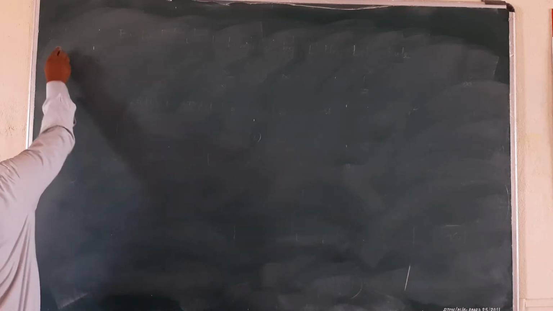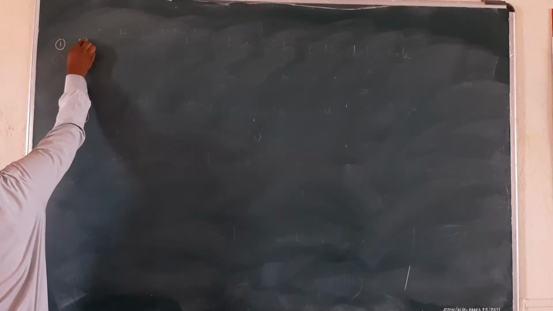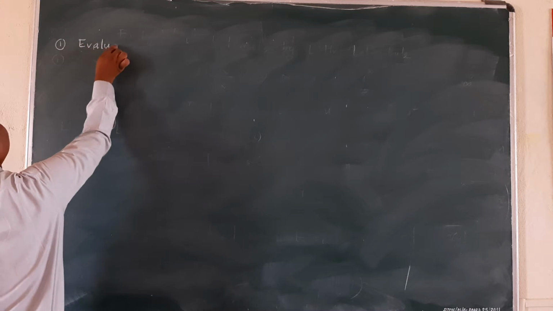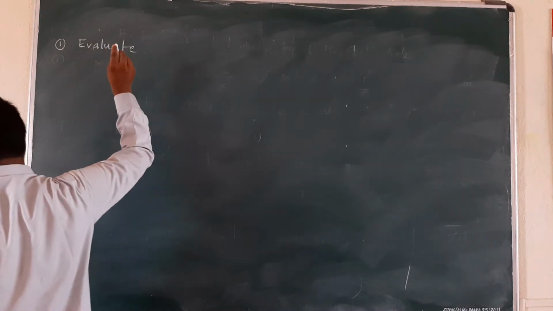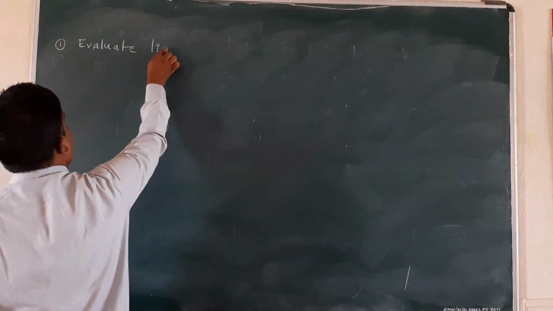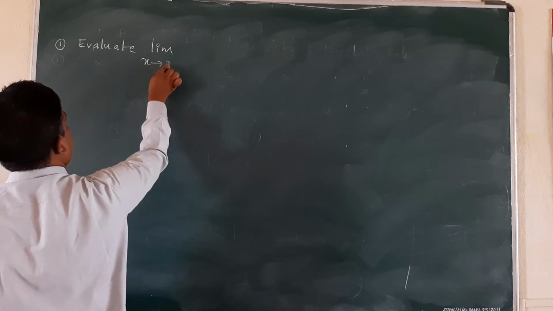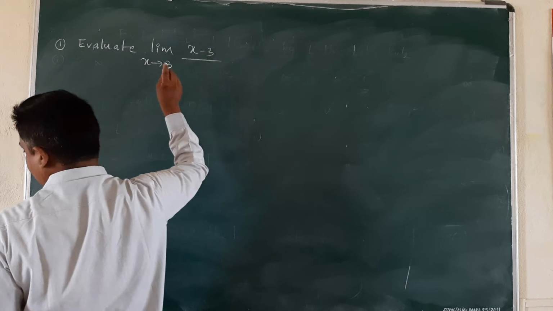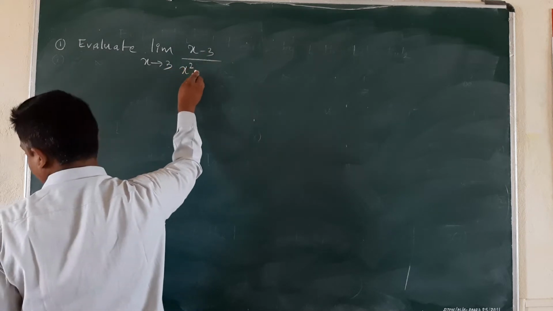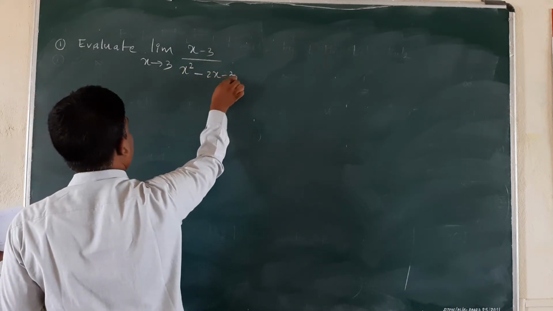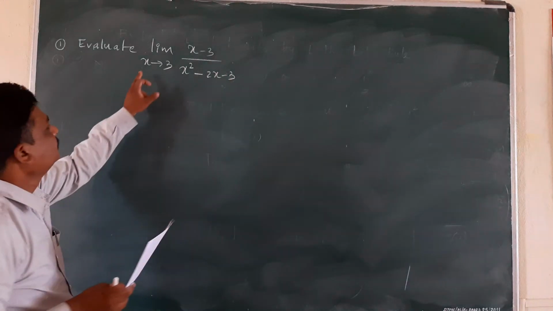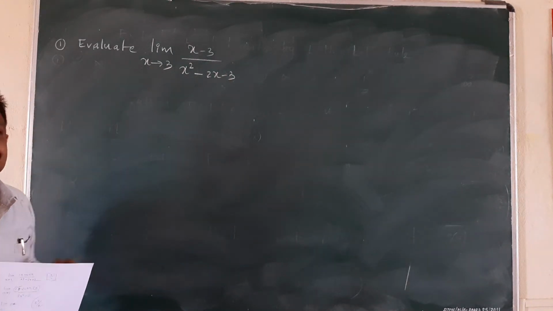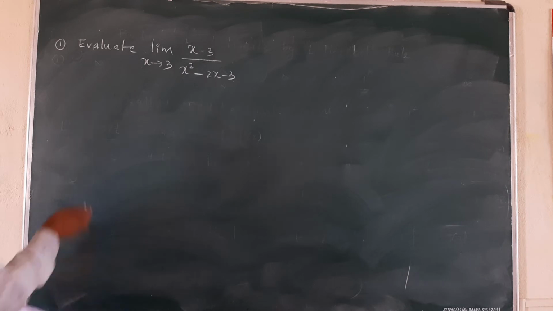First question: evaluate the limit as x tends to 3 of x minus 3 upon x square minus 2x minus 3. Here we have to evaluate this limit.